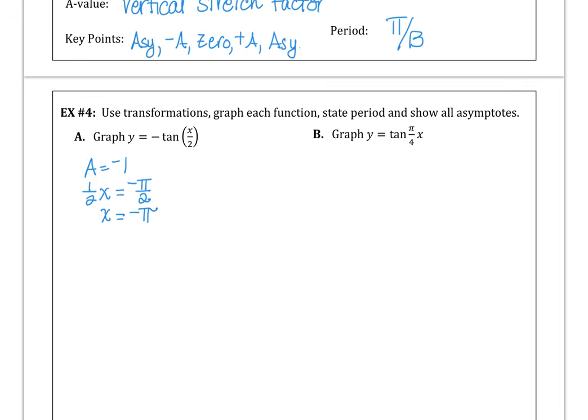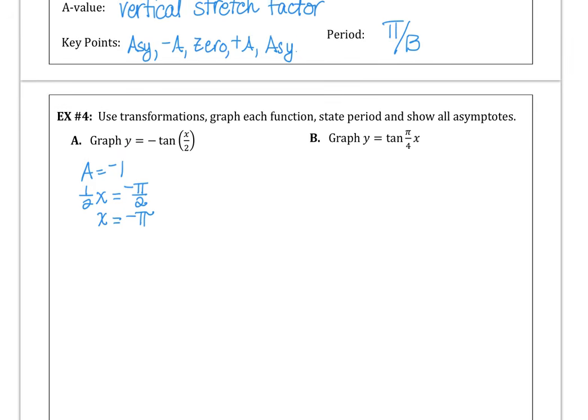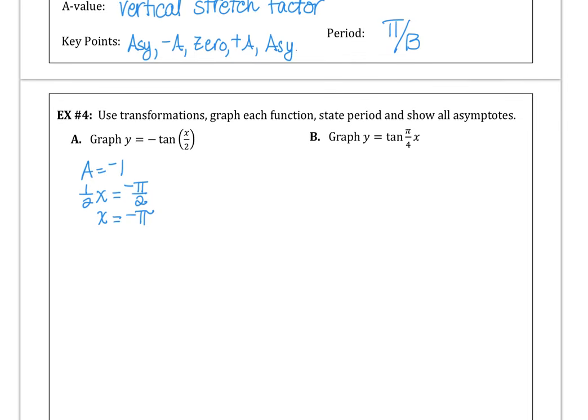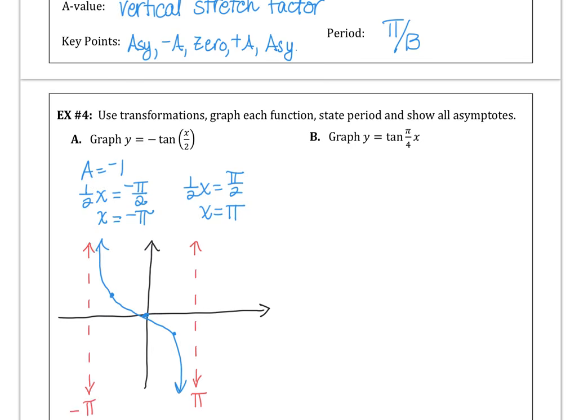And if we want to know the right asymptote, we just set that same argument equal to positive pi over 2, where 1/2 x is positive pi over 2. So the right asymptote is at pi. And that graph would look like, here's my rough sketch.